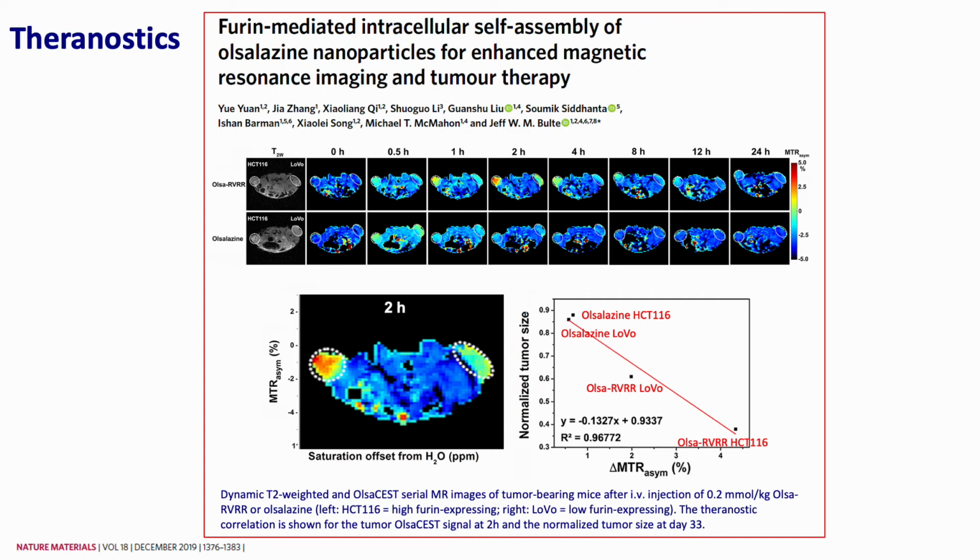So this anti-cancer agent, osalazine, was conjugated to a cell-penetrating peptide, RVRR, and this anti-cancer agent was then brought into these cancer cells by this cell-targeting peptide.